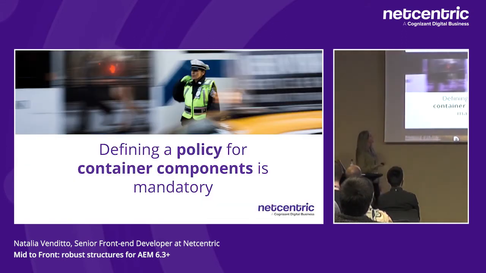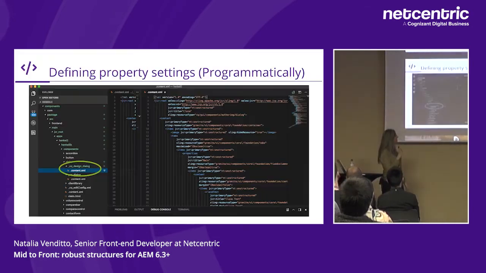So defining a policy for container components is mandatory because it's the one way to tell this part, for example the parsys being a container, what is allowed in it. But there are other things you can do with content policies, and it's not only about allowing components or not. That's the most used kind of policy, but you can do many other things with it.